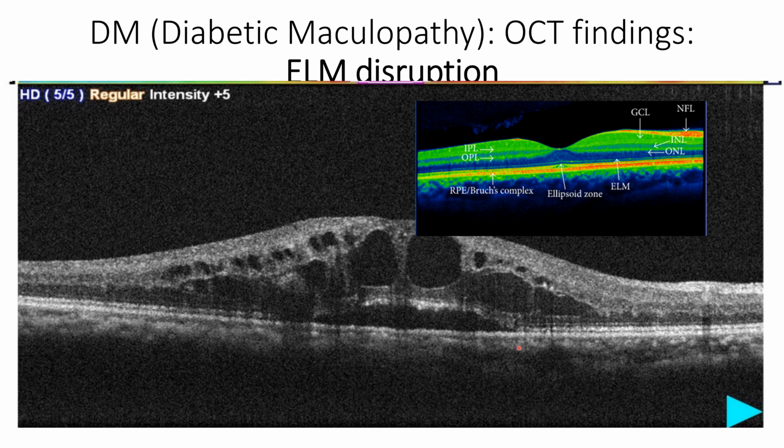And if we look at this point, we'll find that this corresponds to this line, which is definitely disrupted in this area. So this is something which is representing the outer retinal layer, and you can have disruption of ellipsoid zone, that is the inner segment outer segment connection zone, and the external limiting membrane, and these are important parameters which will predict the prognosis.